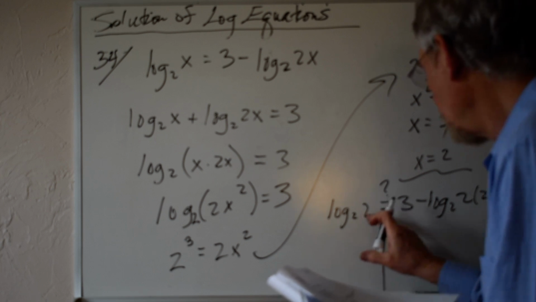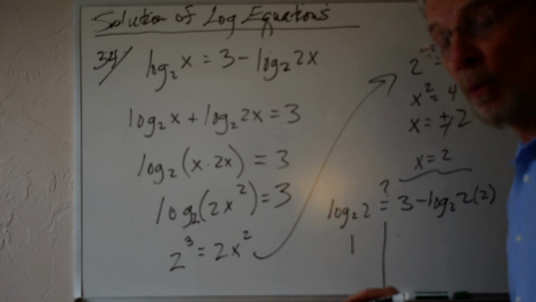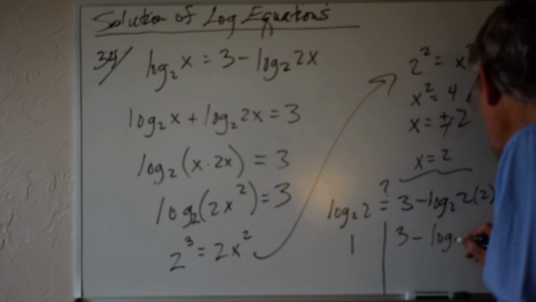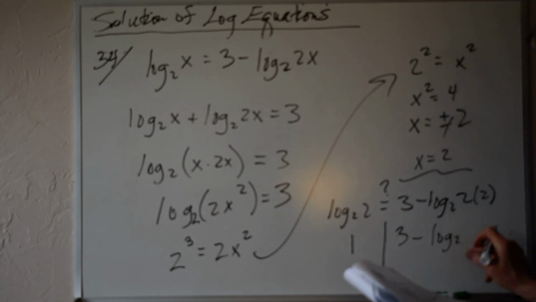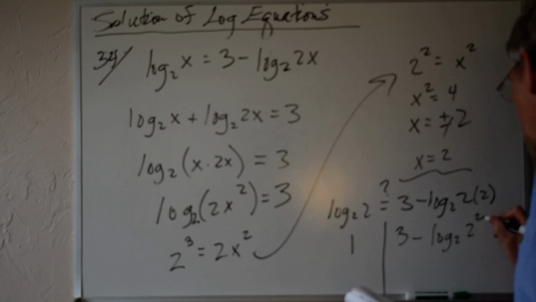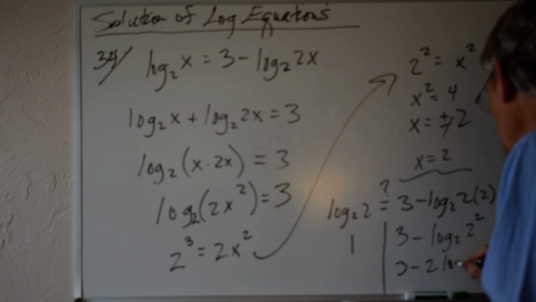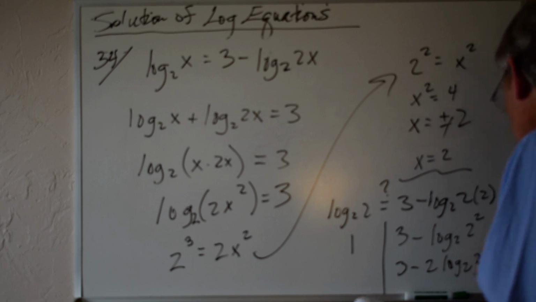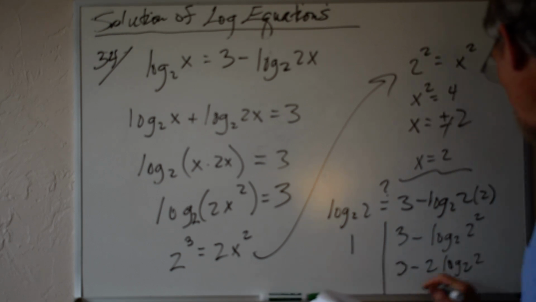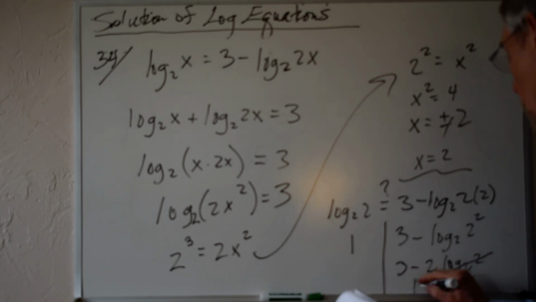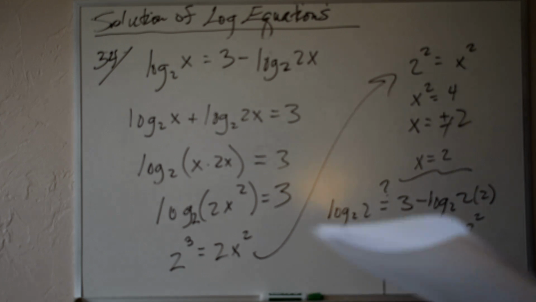The log of 2 base 2 is 1. Over here I have 3 minus the log base 2 of 2 squared. I can move my exponent out front, and we know that the log of 2 base 2 is just 1, so that factor can just disappear. I get 3 minus 2, which equals 1, and it checks out.